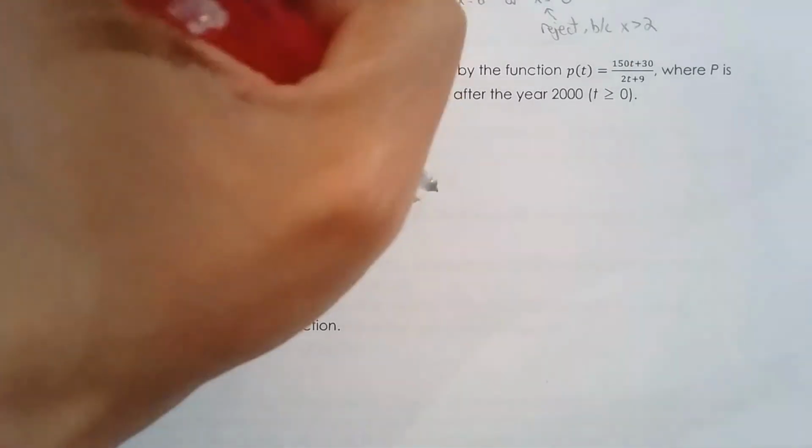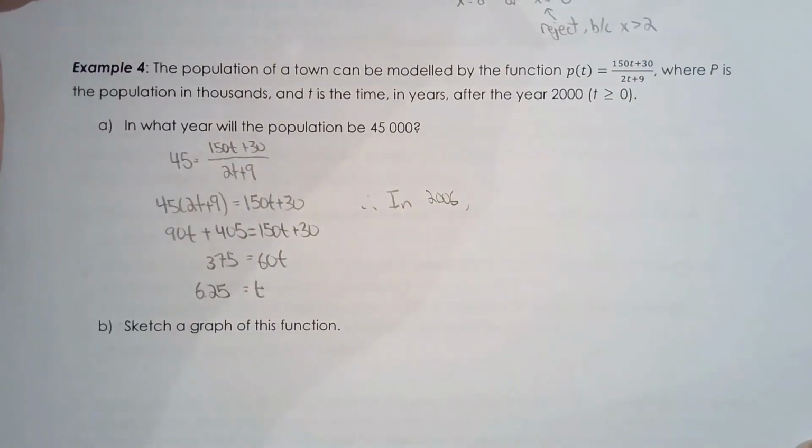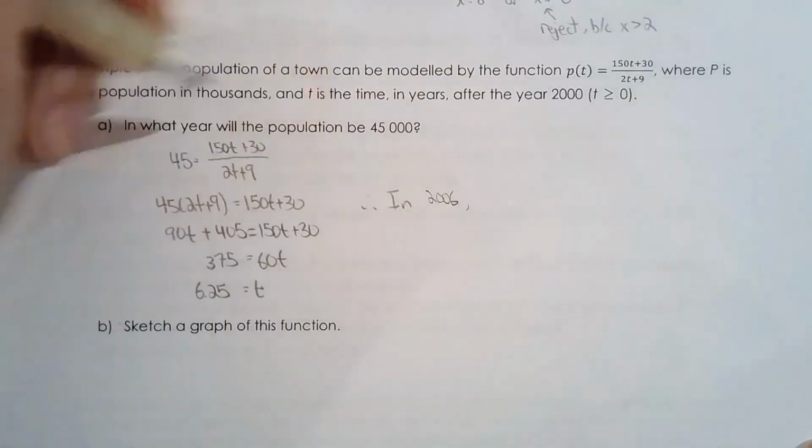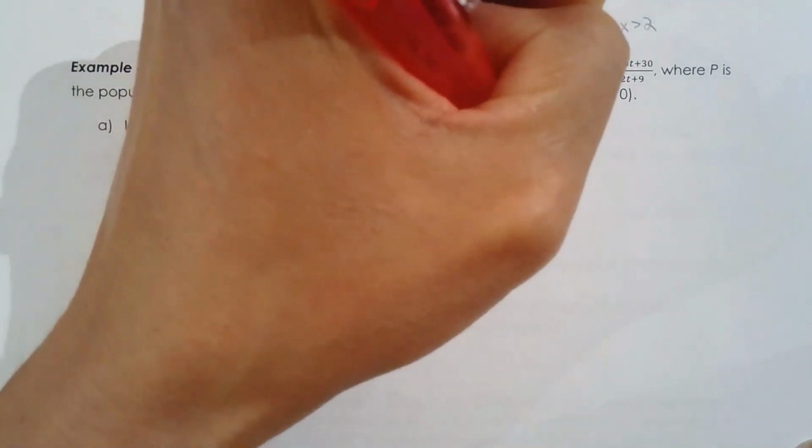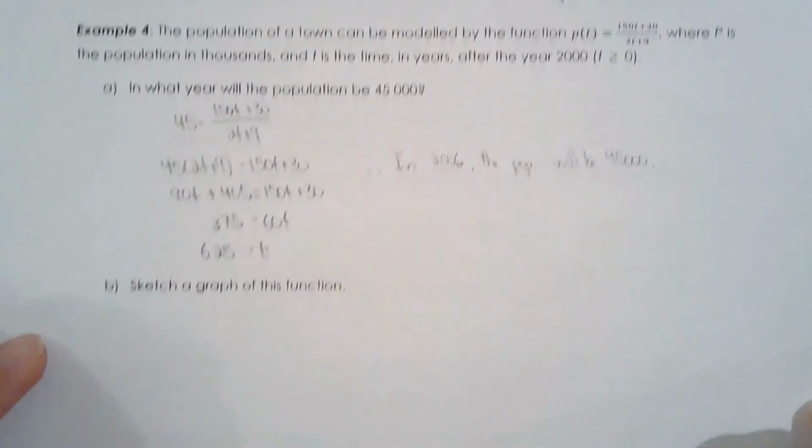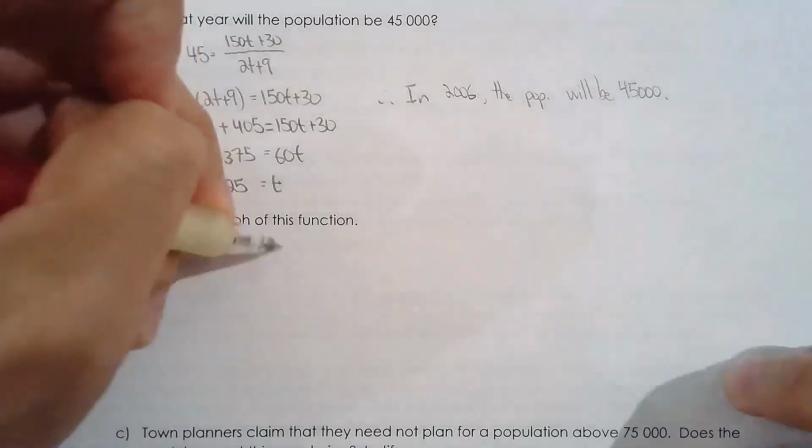So in 2006, the population reaches 45,000. Will be 45,000.